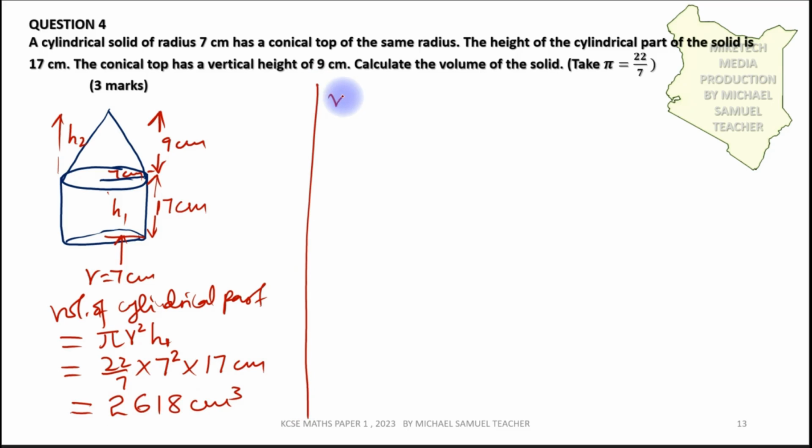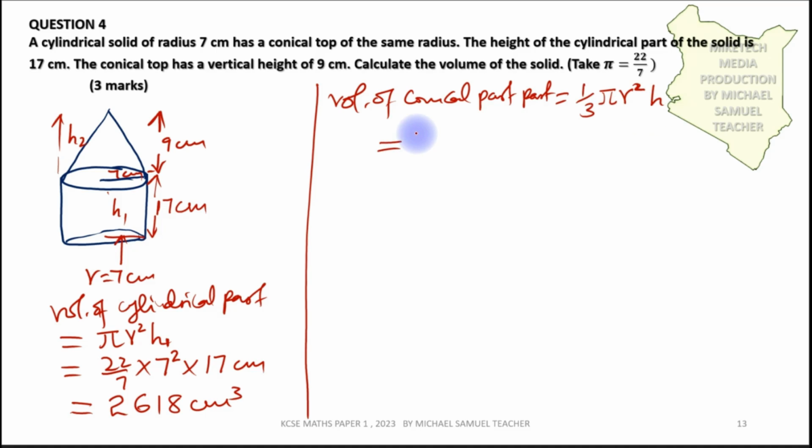And then the volume of the conical part will be given by a third pi r squared times height, so a third times the base area times height.